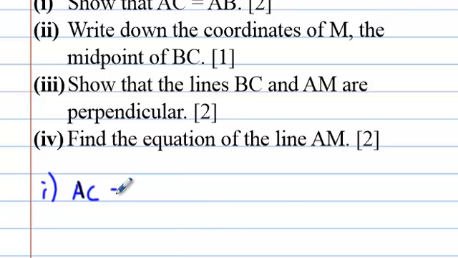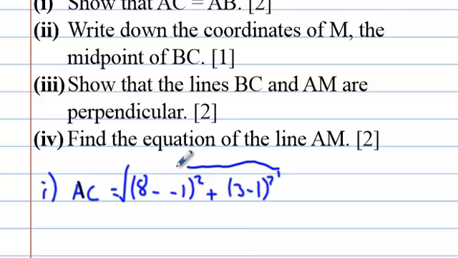AC is given by applying Pythagoras to the points A and C. So I'll get 8 subtract -1 squared plus 3 minus 1 squared, and all of that is square rooted. So that gives me 9 squared plus 2 squared, square rooted, which is root 85.